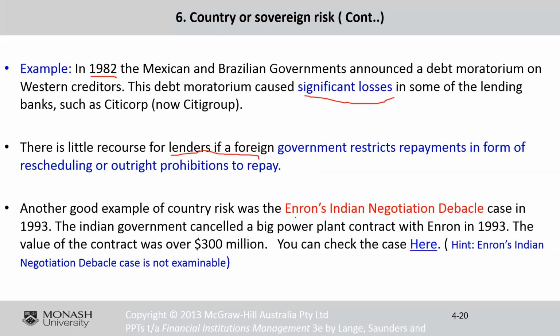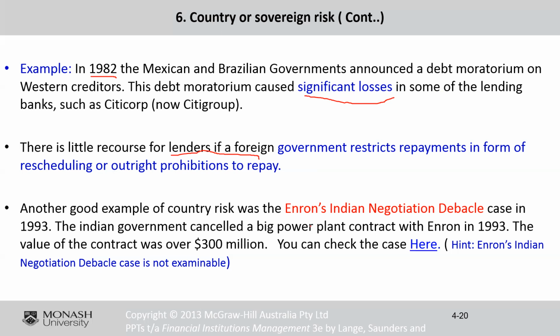Sometimes, like what we have seen, you can read about this case. I think the Enron India case: Enron has a contract of $300 million with India to build what we call power plants.